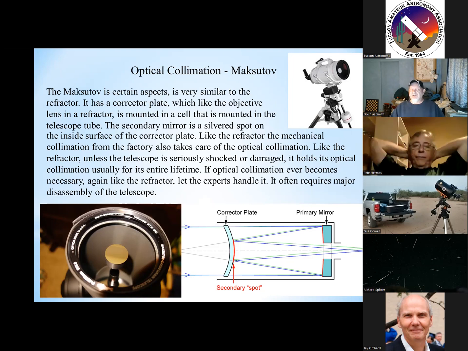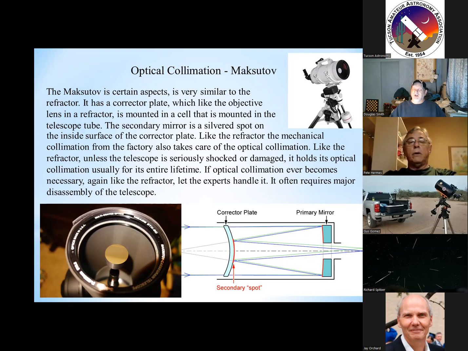In the case of a refractor, you can usually unscrew the lens cell, the objective lens. That whole cell usually can be unscrewed out of the tube, so you can at least get to the optical components if you do want to do anything. But in a Maksutov, there's almost no way to get to the internal components without literally taking the telescope apart.